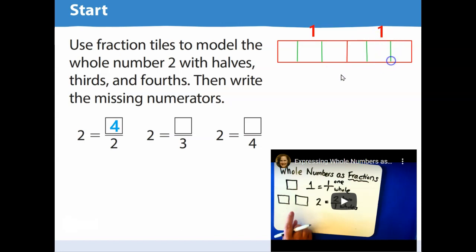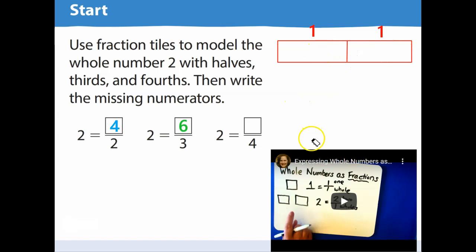Don't worry about the model. Write the fractions for me. So now, how many thirds do I have in two whole numbers? What is it? 6. Okay. Just write the fractions out for me, and I'm doing the models for you.